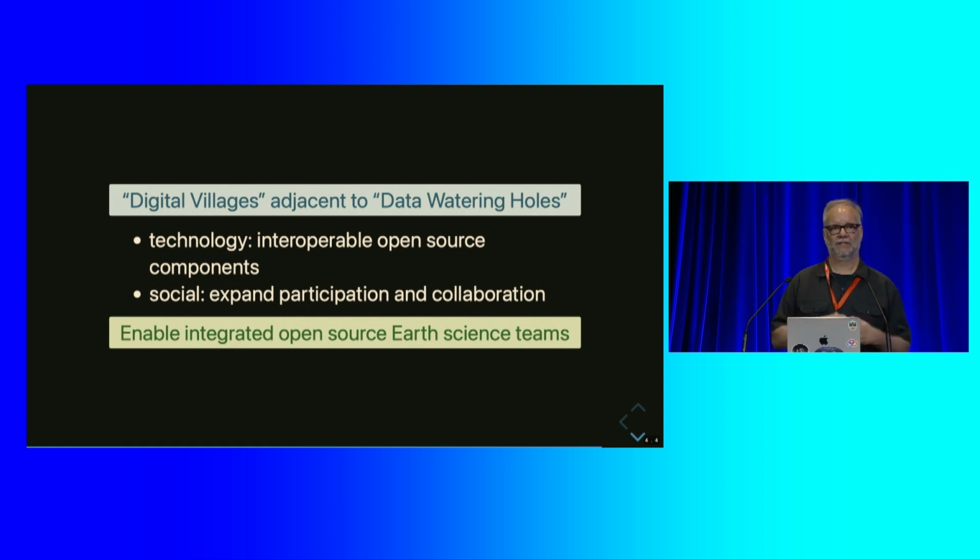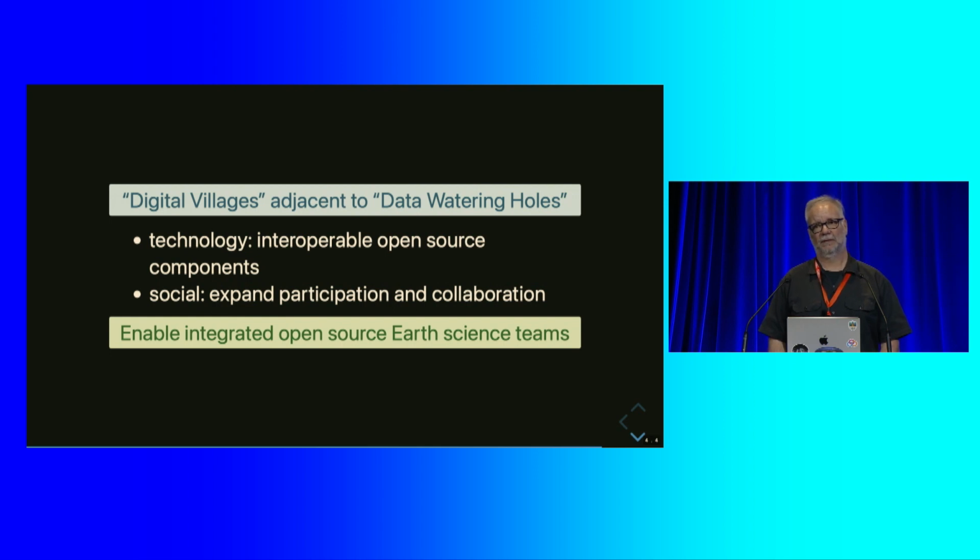These communities can be thought of as digital villages that grow up adjacent to a digital watering hole or a data lake. And these communities are served by interoperable open source technology using the Jupyter ecosystem and ideas that I think come out of open source on how to engage socially and work collaboratively.